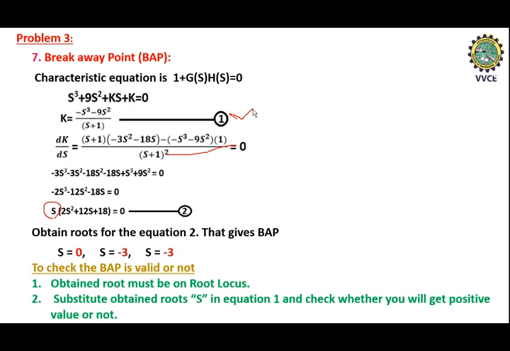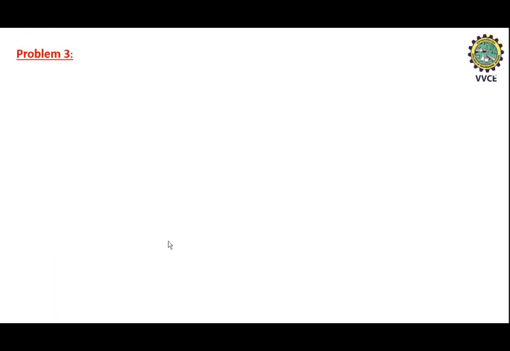If the k value is positive, then it is a valid one. If you substitute -3, it is valid. So you can consider -3 as a valid breakaway point. So the valid breakaway point is s equal to -3.